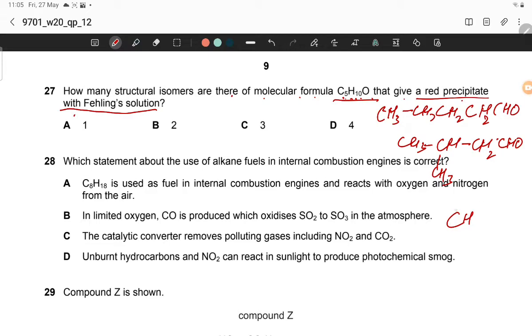CH3, CH3, CH3, CH3, CHO. One, two, three, four, and five.